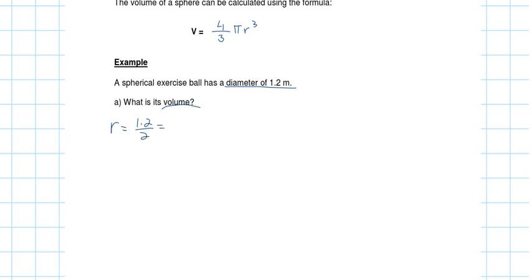Then just plug it into the formula. I'm looking for the volume, and the formula is volume equals 4 over 3 pi r cubed. I plug in 0.6.